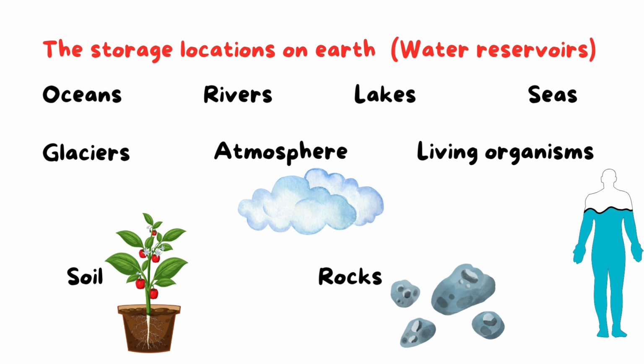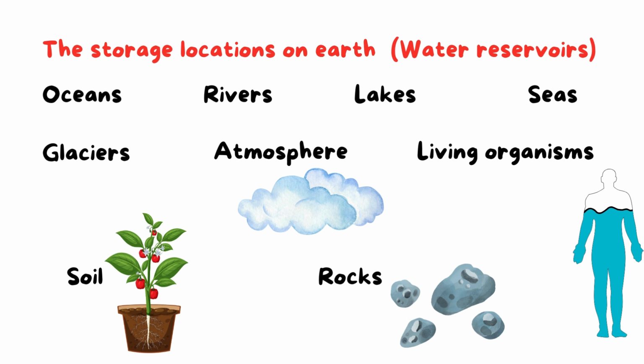Okay, so we have now atmosphere, living organisms, also soil, as soil contains water. So it is a storage location on Earth. And rocks, as rocks store water in them.